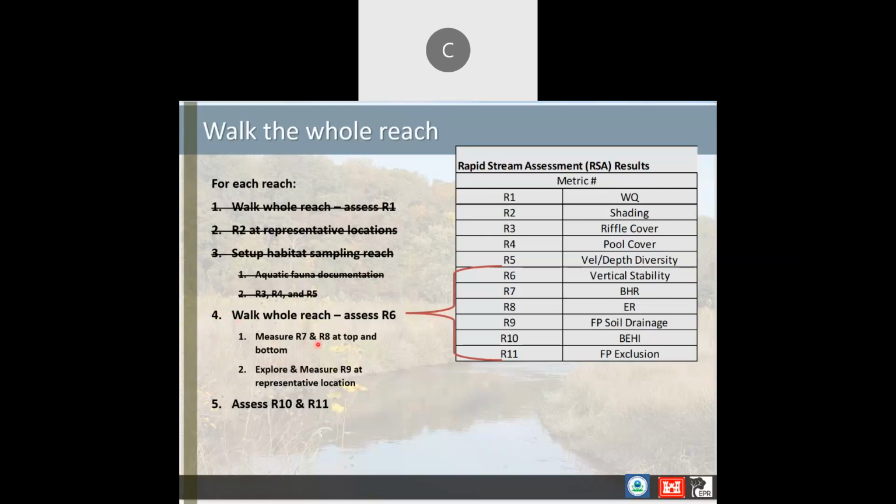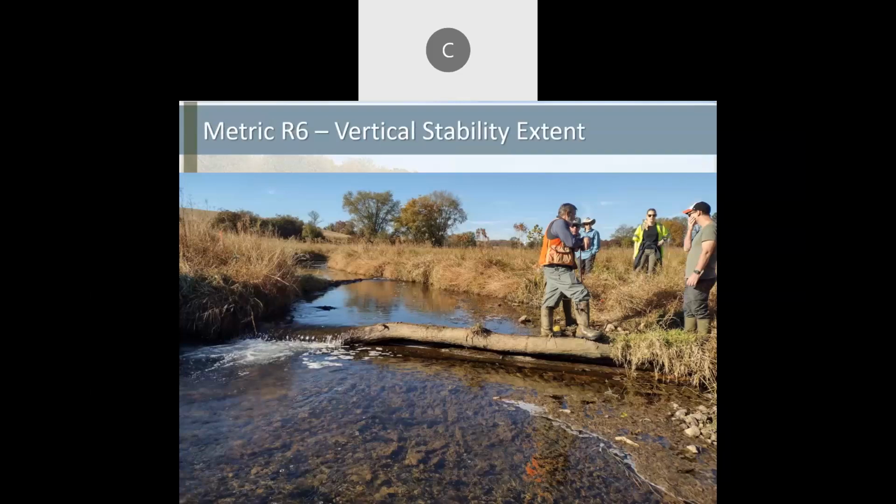And then for 7 and 8, we're going to measure them at least at the upstream end and the downstream end of the reach. For metric 9, we're going to be looking for a representative location, and then 10 and 11 are both assessed at the reach scale again. And we will step through each of these, starting with vertical stability extent.